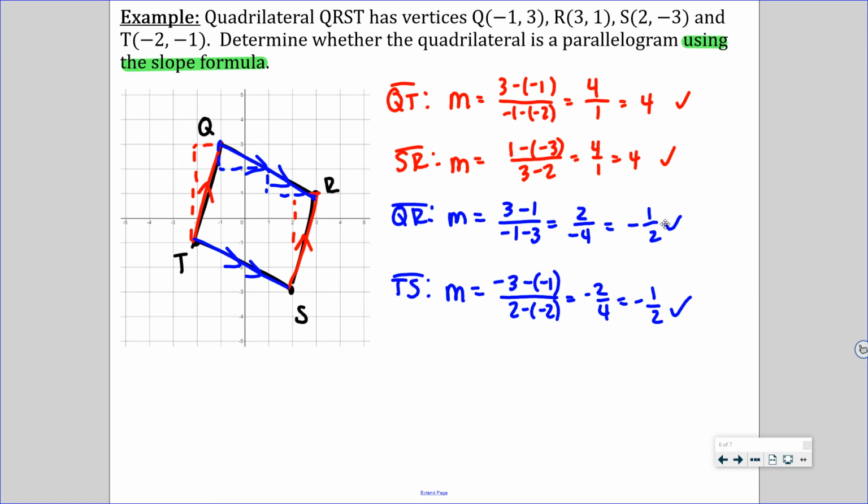So to answer their question, determine whether the quadrilateral is a parallelogram. Yes. It is a parallelogram.